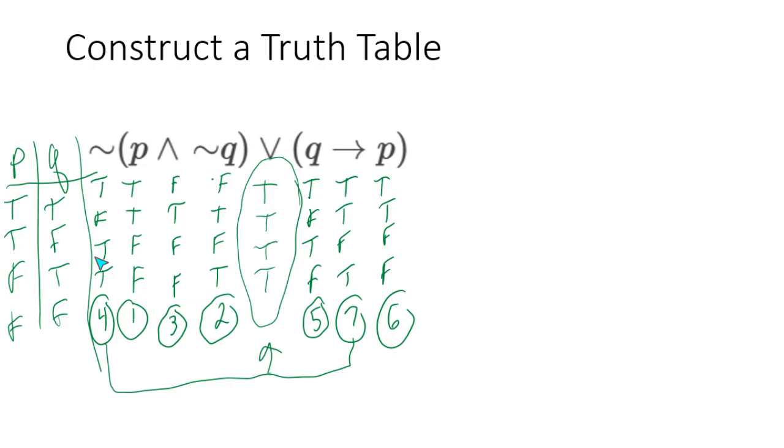True with, okay, so let's see here. So true with false, that should be false. And then we have true and true, which is true. Okay, so we end up with true, true, false, true.